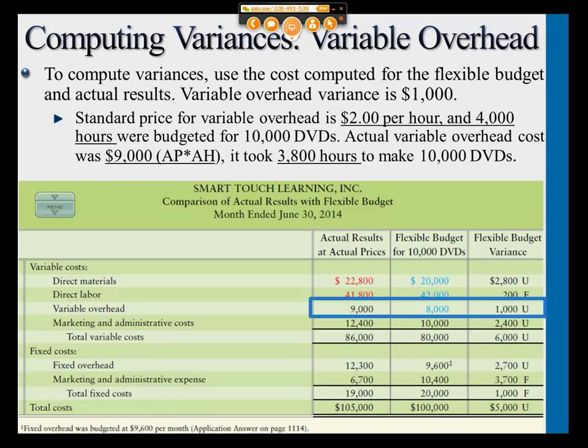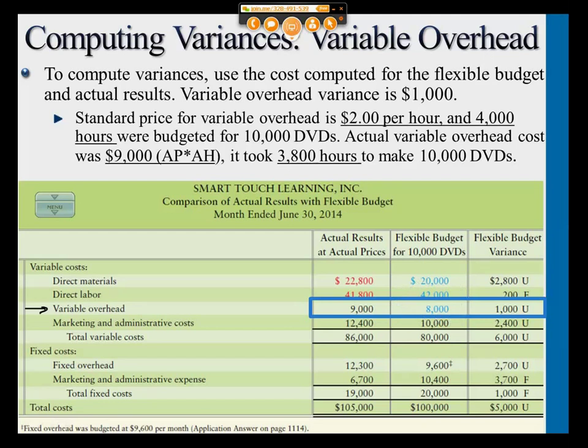So let's look at how it is represented in our spreadsheet here. We have a comparison of actual results with the flexible budget. Let's look at the variable overhead right here. Just as given to you, actual variable overhead is 9,000, and it's right here. And then I'm also comparing to the flexible budget for 10,000 DVDs, right? What does it give me?